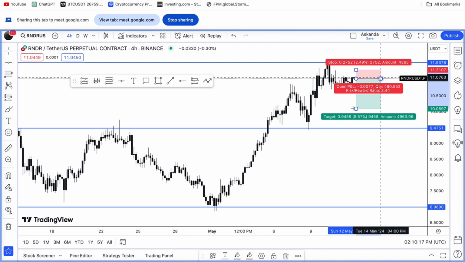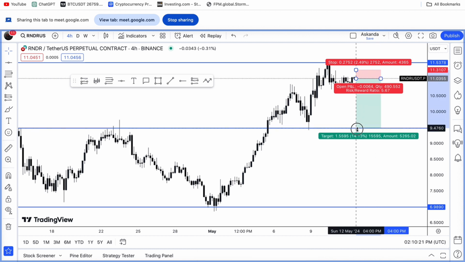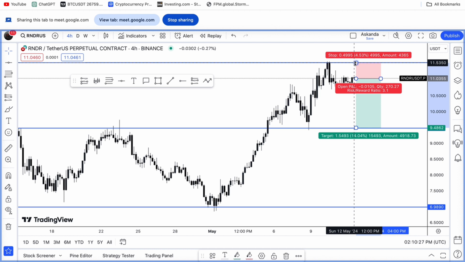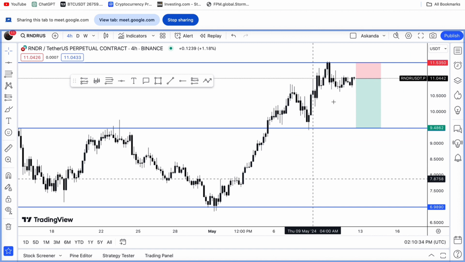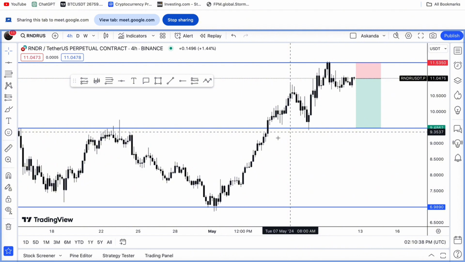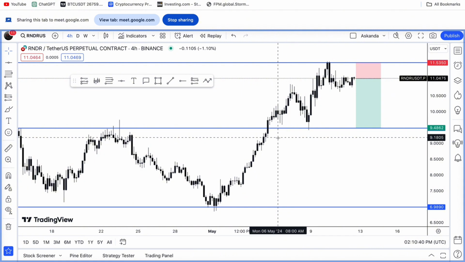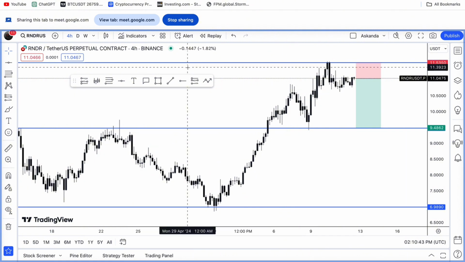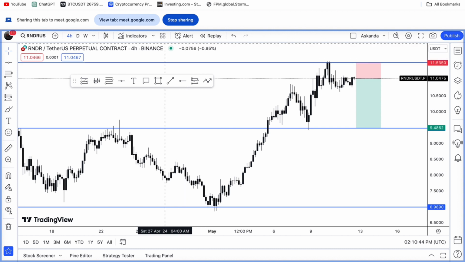Our take profit will be the next support level because we are shorting. We are targeting 1:3, then our next support level at the resistance zone. So this is how we take the trades. Now I'll go to Binance and enter a short position. This is how you do top-down analysis on the weekly, 4-hour, and 1D time frames.